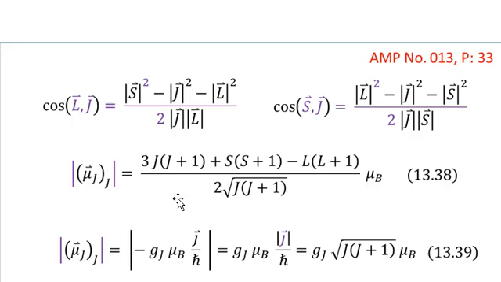So the direction cosine cos of L comma J is equal to the absolute square of S minus the absolute square of J minus the absolute square of L divided by 2 into magnitude of J into magnitude of L. And similarly for cos of S comma J, the expression is the square of L minus the square of absolute value of J minus the square of absolute value of capital S divided by 2 into J into S.